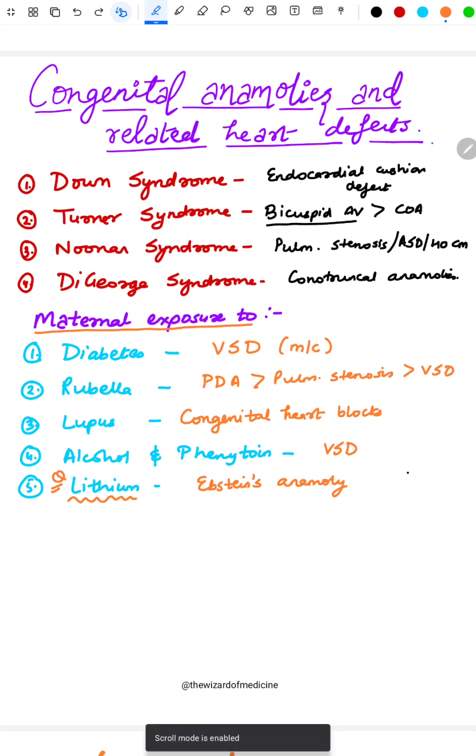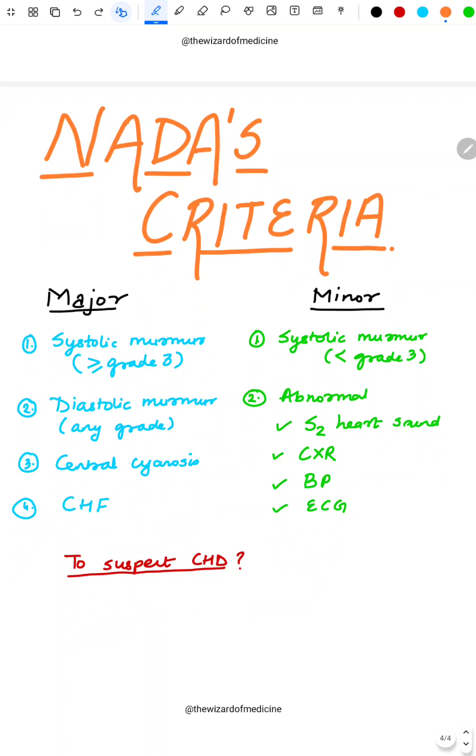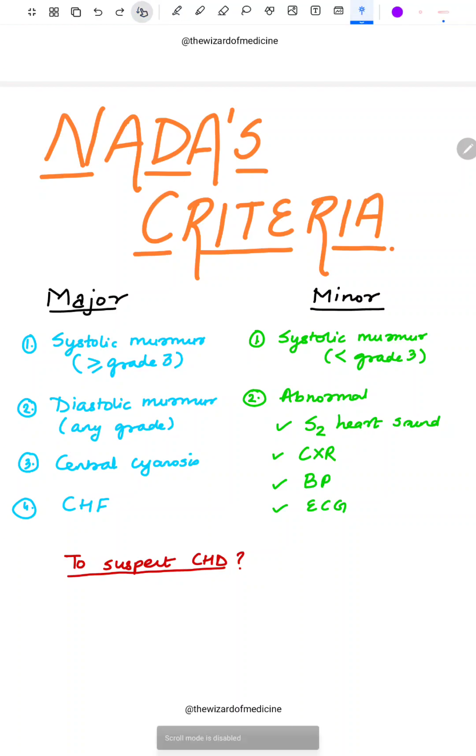Now let's move on to the very important Nada's criteria. This Nada's criteria is used to assess for congenital heart diseases. So we have major criteria and minor criteria. There are 4 major criteria and 5 minor criteria. Systolic murmur of grade 3 or more, a diastolic murmur of any grade, the presence of central cyanosis, and the presence of congestive heart failure.